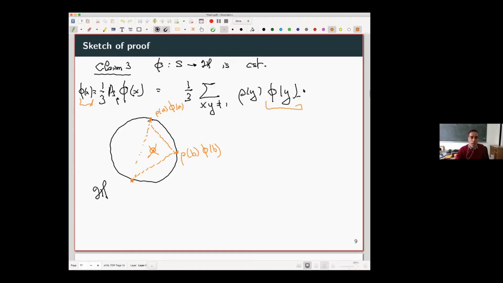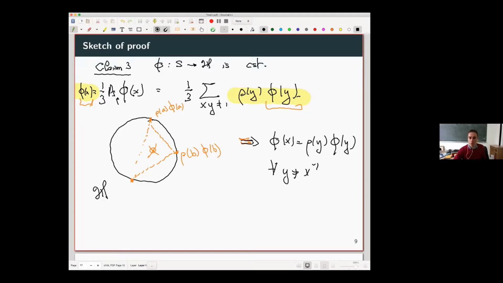So the only way you can average vectors which have the same norm and get a vector which still has the same norm is if all these terms here and those are equal. So this relation of being an eigenvector translates to the fact that phi of x equals rho y phi y for every y different from x inverse.